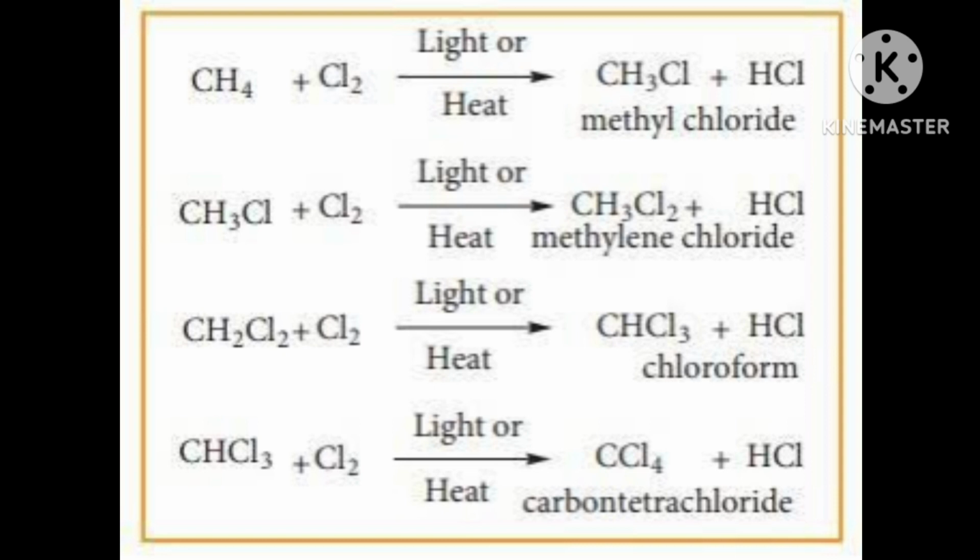See, two possibilities are there. A radical can join to itself, because during propagation many radicals and many products will be there. Then any two radicals can join. Suppose two CH3 radicals are there, then they can join and form C2H6.